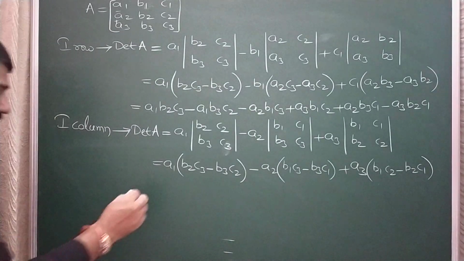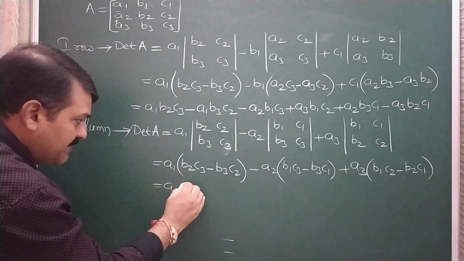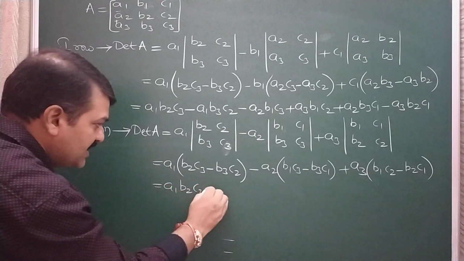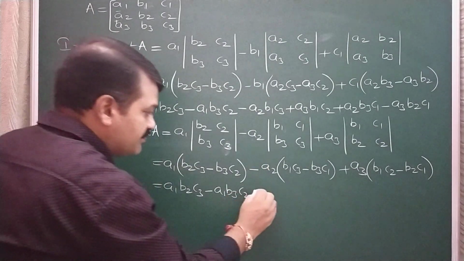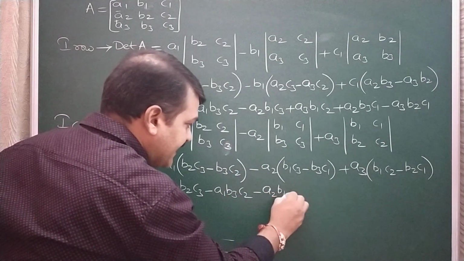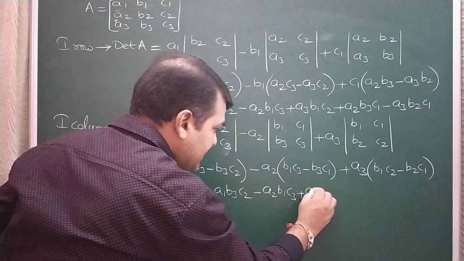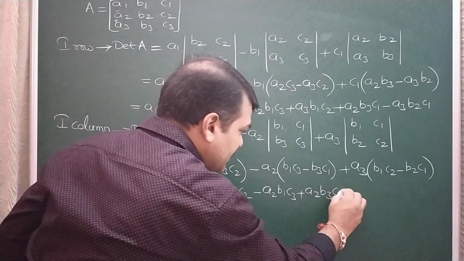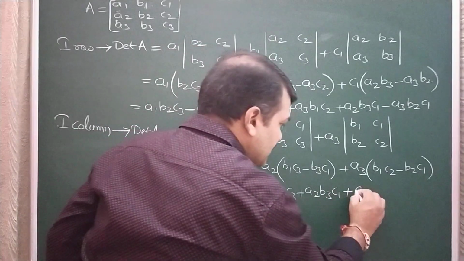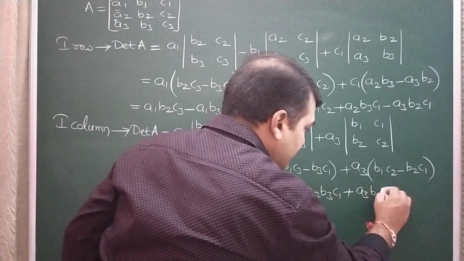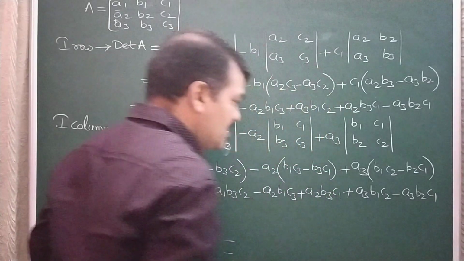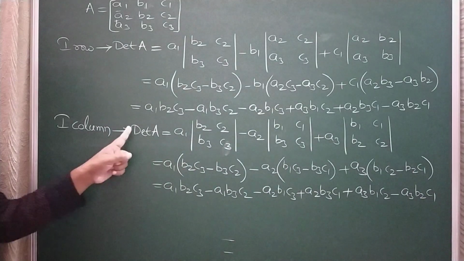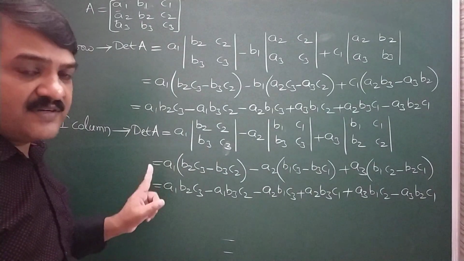Simplifying: A1 B2 C3 minus A1 B3 C2 minus A2 B1 C3 plus A2 B3 C1 plus A3 B1 C2 minus A3 B2 C1.